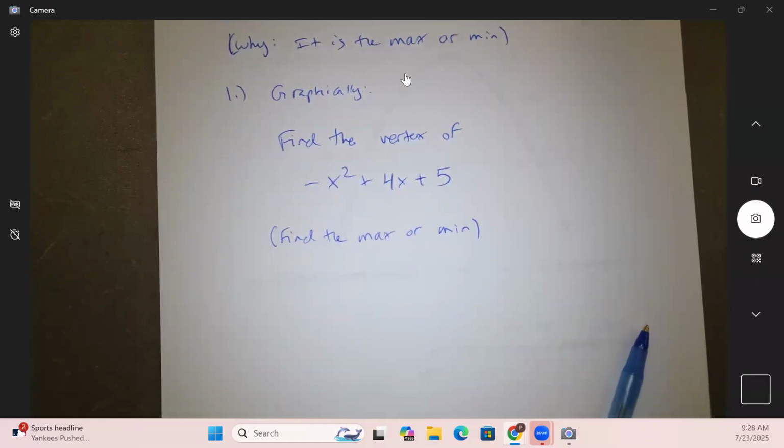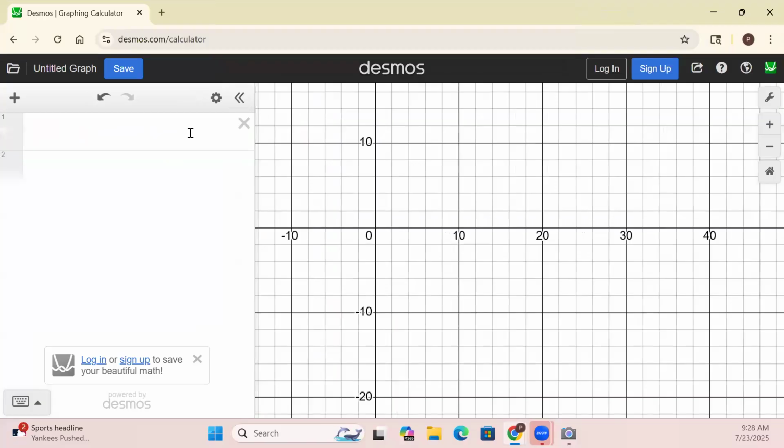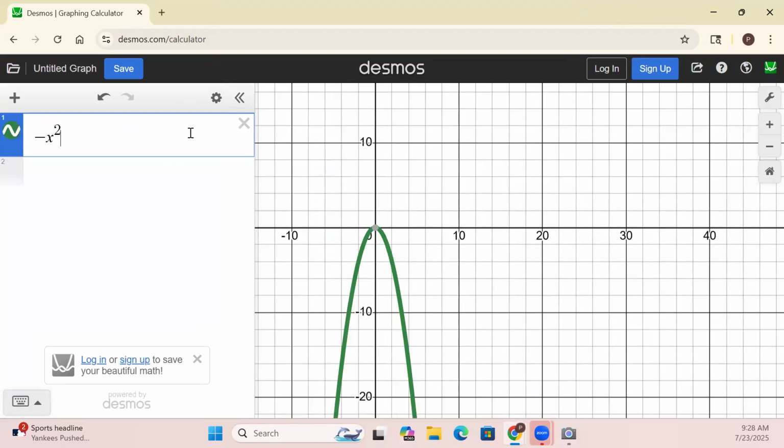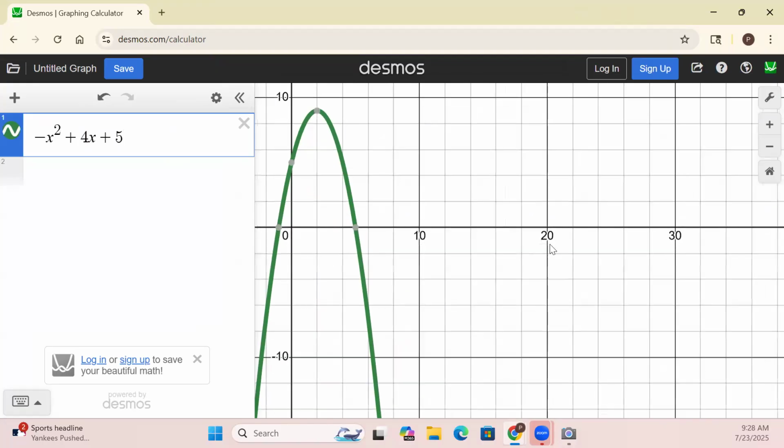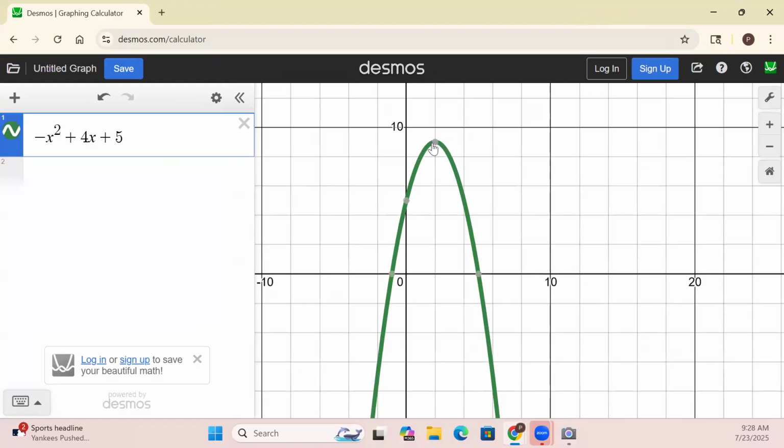All right, do it graphically. Minus x squared plus 4x plus 5. There's my vertex. Ideally it will always be as simple as that when you're using the graphical method.